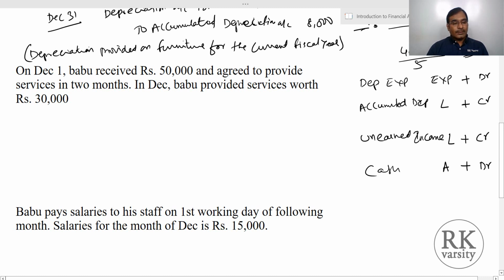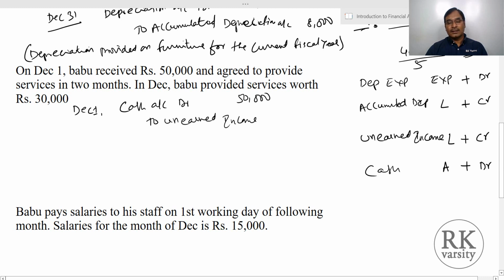So on December 1st, the entry in your books of journal is cash account debtor to unearned income. The amount is rupees 50,000.